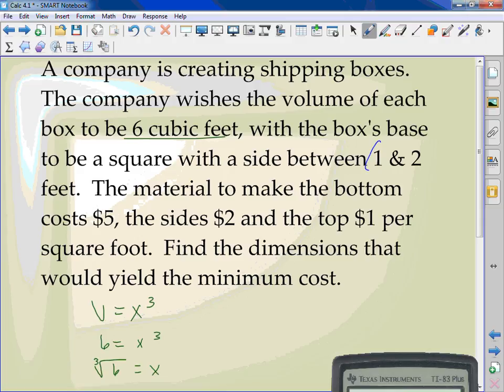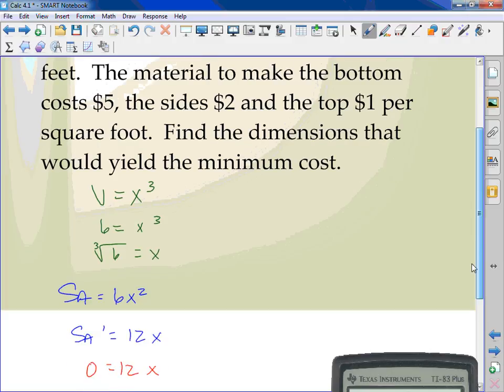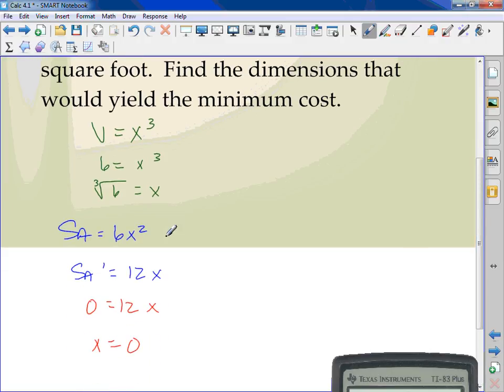So I have an extreme value at 1, an extreme value at 2. So I'm going to put in SA of 1, SA of 2. 6(1) squared, 6(2) squared. This one's 6, this one's 24.